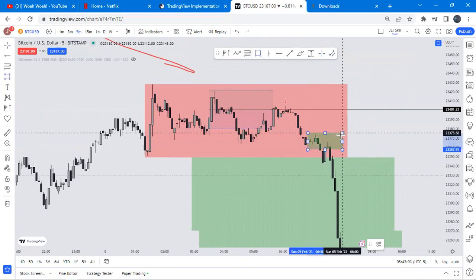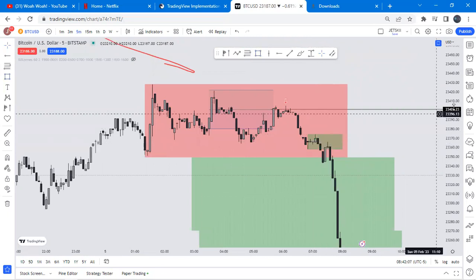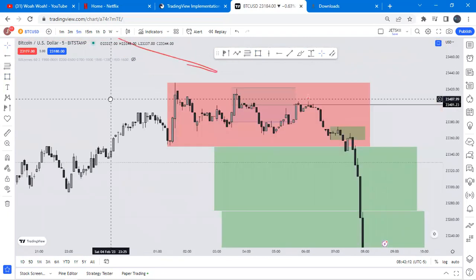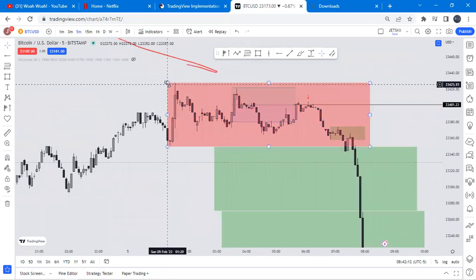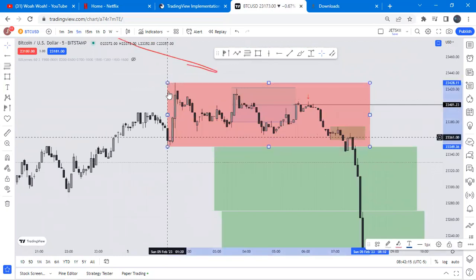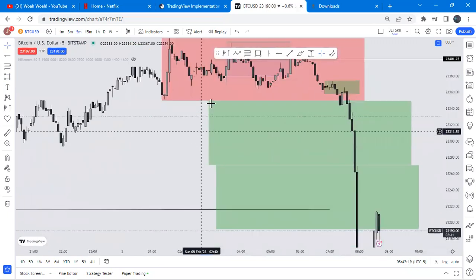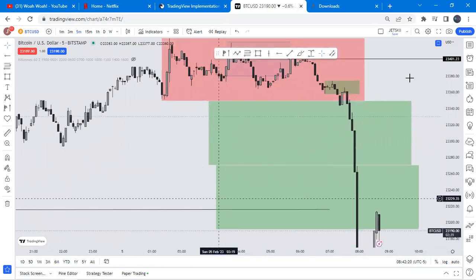These up candles there, it can be a seller, and then targeting what, two times this consolidation, right? If you take this and multiply by 2, you're going to get something like this.